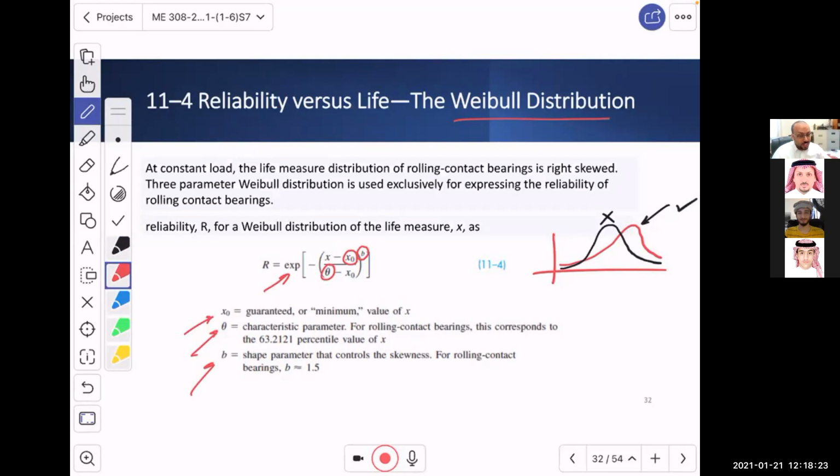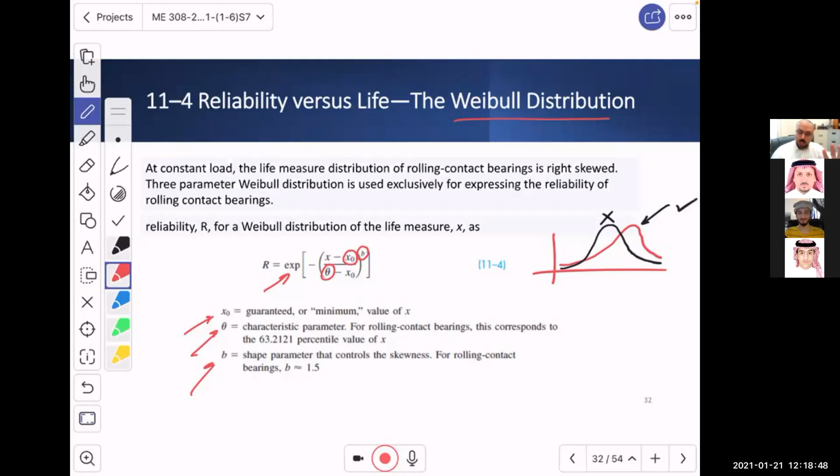So these values, you cannot invent them, don't worry. These come naturally. When you test a bearing, they behave that way. So a company must report their Weibull distribution coefficients. These are three, in order for you to use those numbers to make judgment.